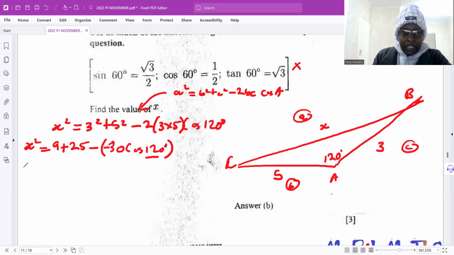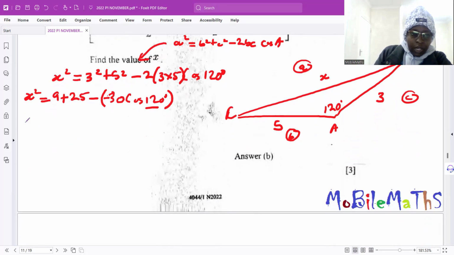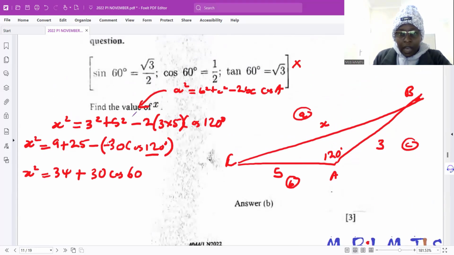So I'm going to rewrite it as x squared is equal to 9 plus 25, which is 34. Then minus times minus, we get a plus 30 cos 60 degrees. Cos 60 degrees is a half.